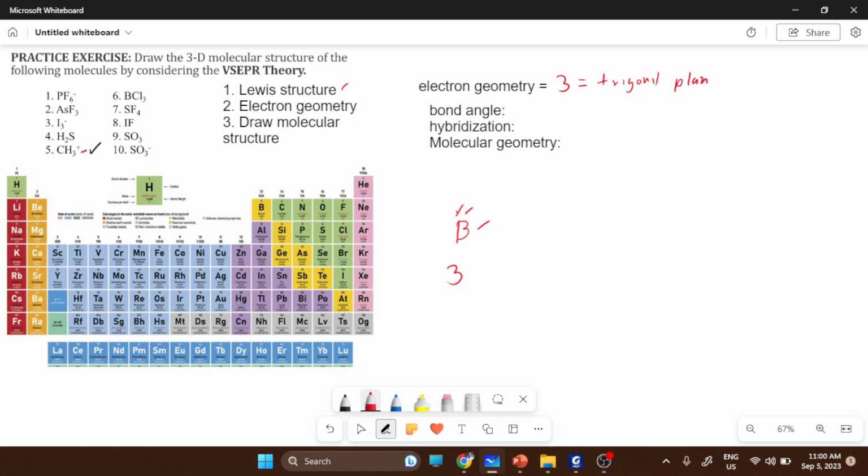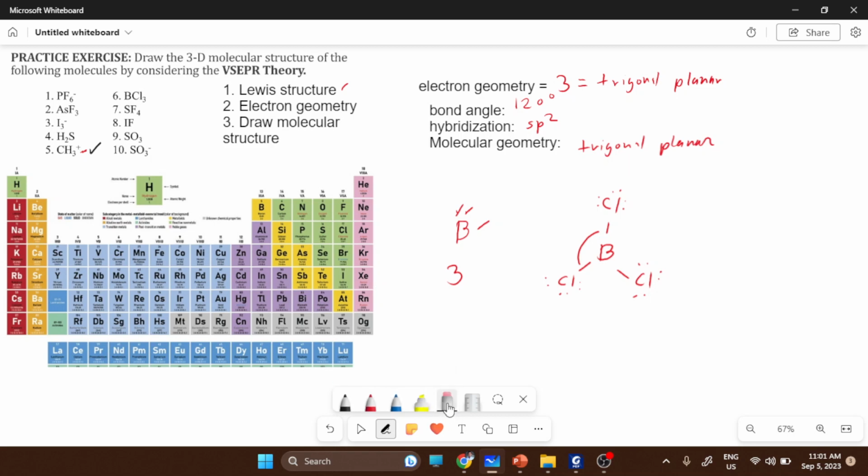When you draw the molecular structure of it, don't forget the lone pairs, guys. Apologies if I am not drawing it. Okay, bond angle between here is 120 degrees. Hybridization is sp2. And molecular geometry is also trigonal planar. Okay?